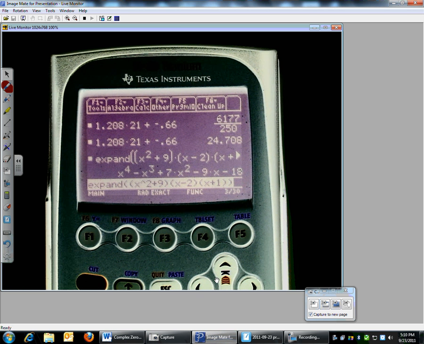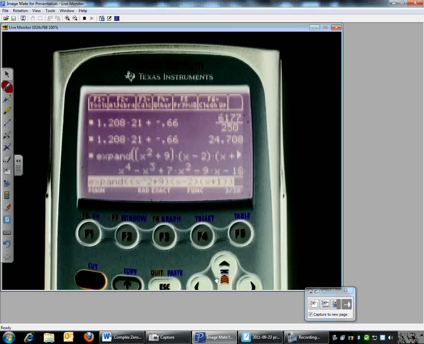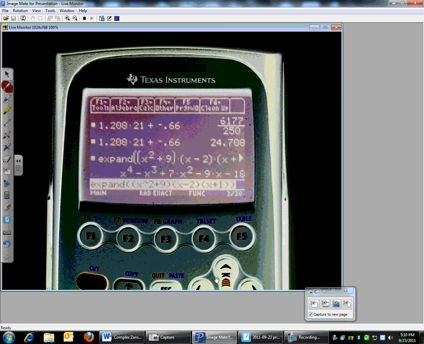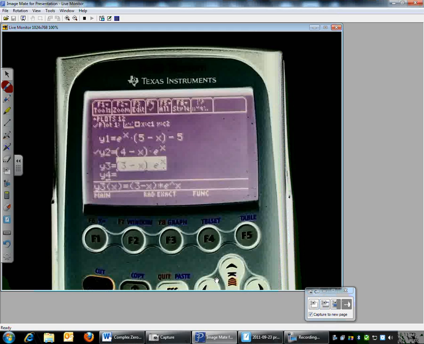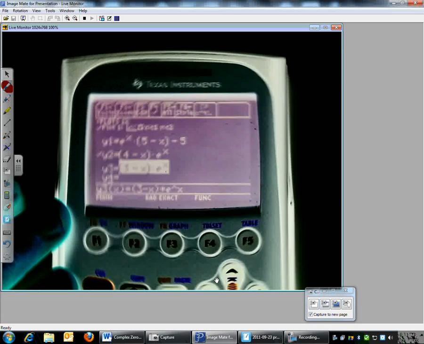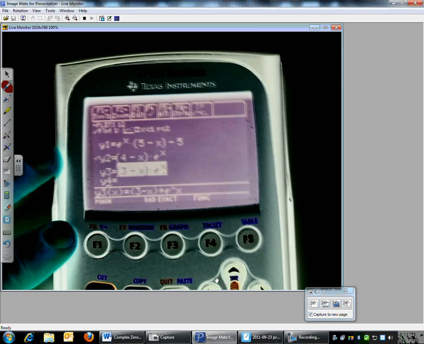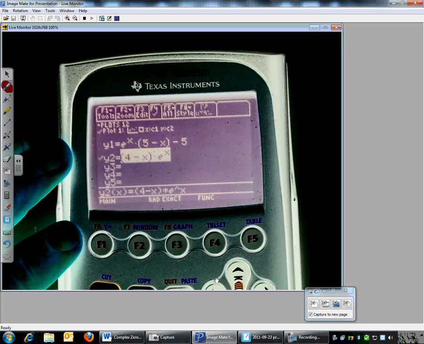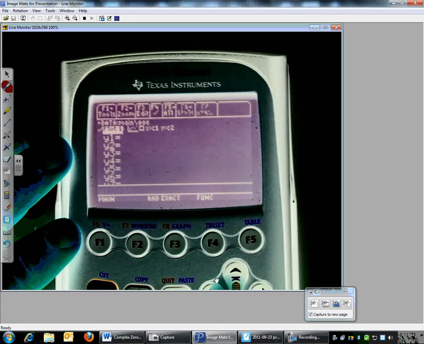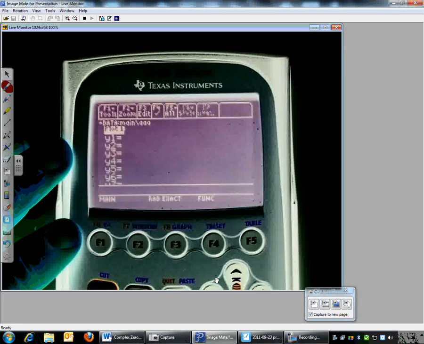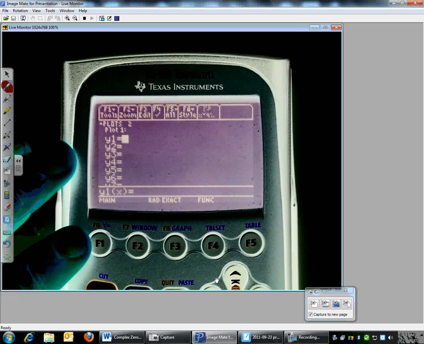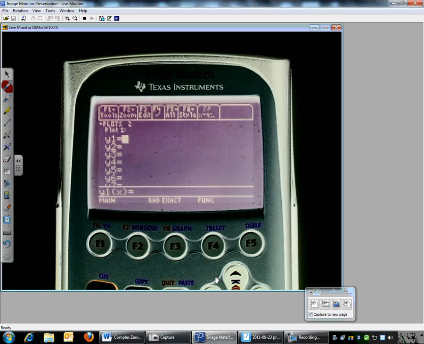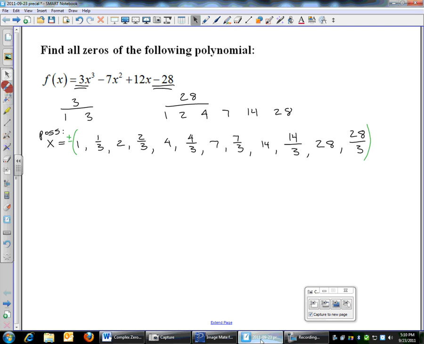So here's my calculator. Let me punch that function in, and I actually forgot what it is. I'm going to have to go back to this screen so I can see it. 3x.